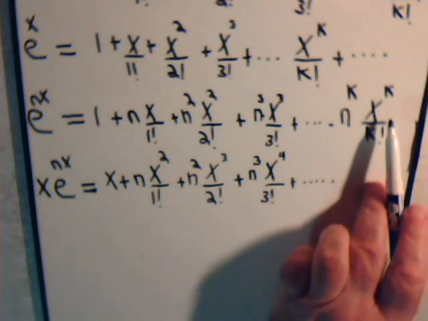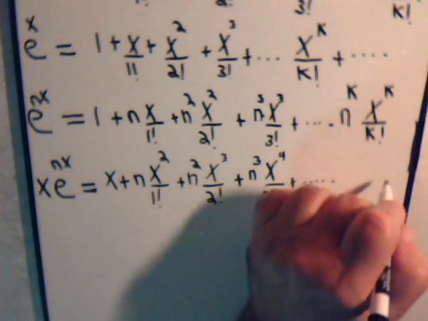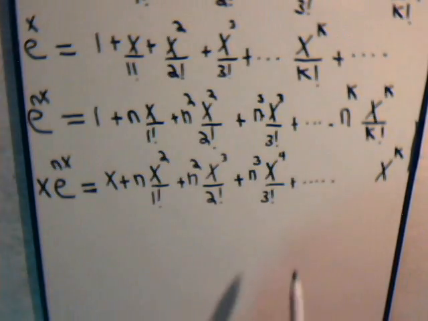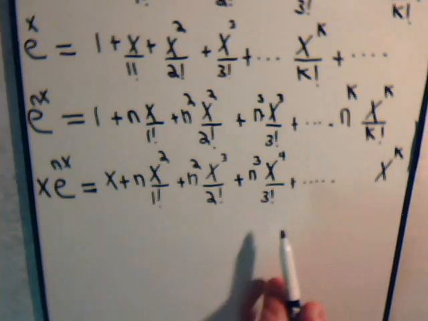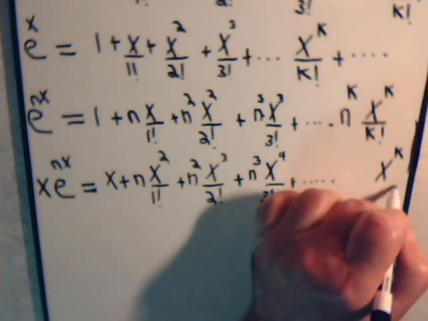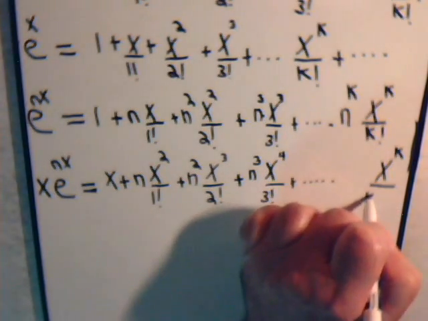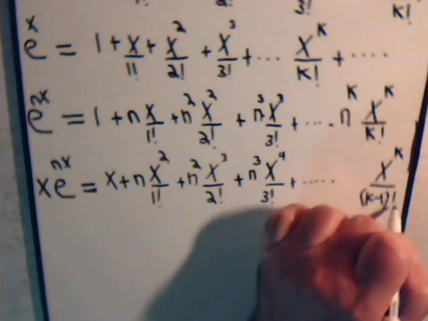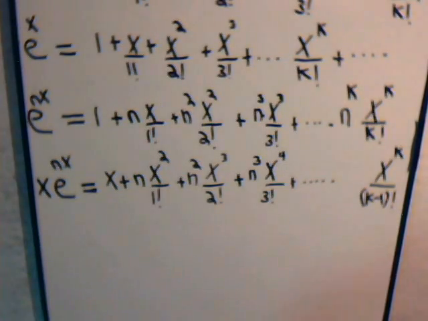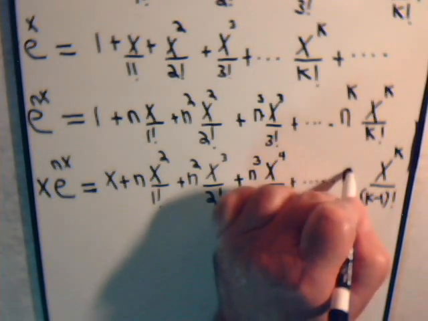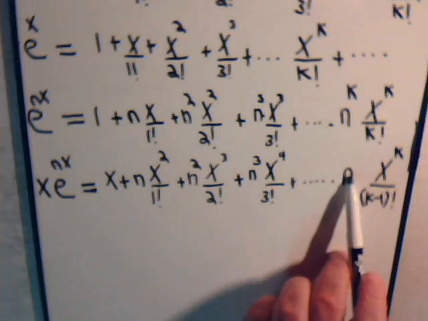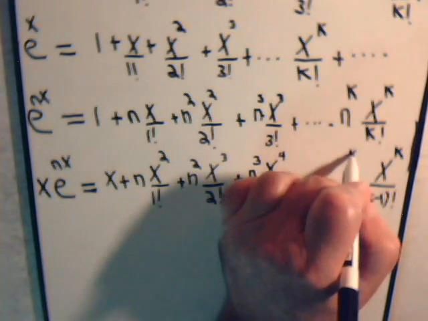So if we have x to the k, this is x to the 4th, this is 3 factorial, so this is going to be k minus 1 factorial here, and it's going to be times n. This is 1 less than this number, so if that's k, this would be k minus 1.